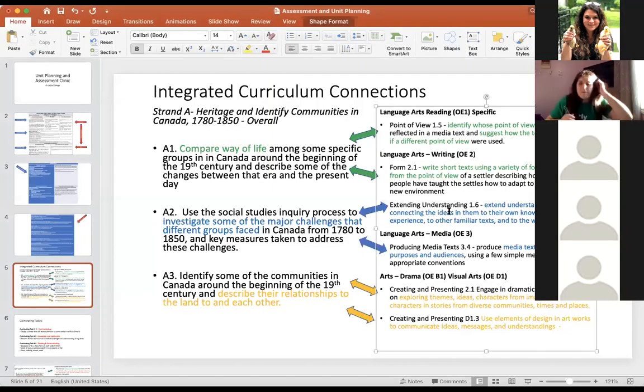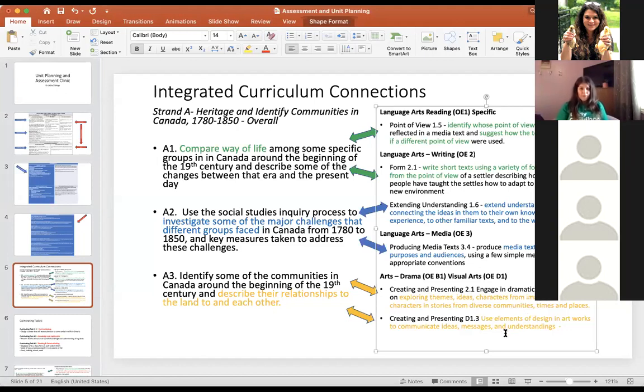All right, so these two expectations here from language are really going to align up here. And then I've decided I'm also going to have the arts expectations in there. Because they have to describe their relationship to the land and each other, I'm going to get them to do a drama to do that. So that's an arts expectation.